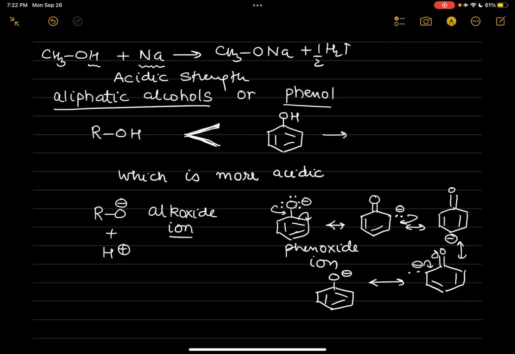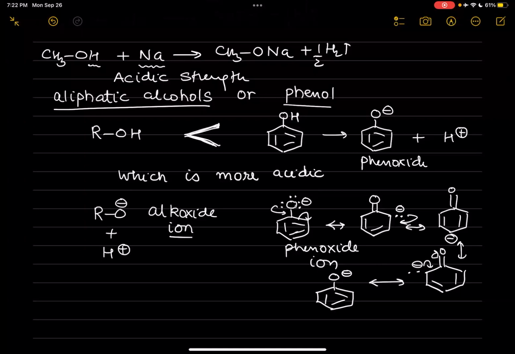So phenol, upon losing its H plus, forms a phenoxide ion, and you will say phenol is more acidic because the phenoxide ion is resonance stabilized. It stabilizes itself by resonance, due to which the negative charge is divided at many places. And if it is divided at many places, the H plus is not going to come in and join. Is it clear what I'm trying to communicate? Yes, sir.